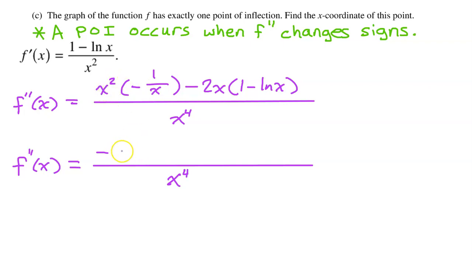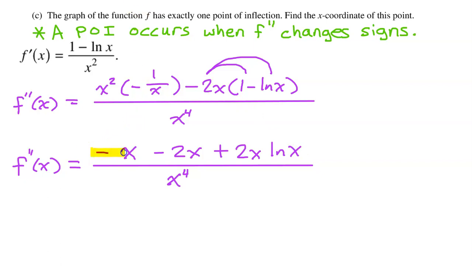So it'll just be negative x at this point. When I distribute the 2x, I'm really distributing negative 2x. So keep that in mind as I multiply negative 2x times 1, which is negative 2x, but then negative 2x times negative natural log x. A negative times a negative is a positive. So I get positive 2x natural log x.